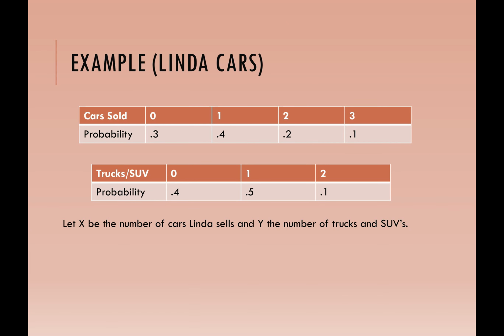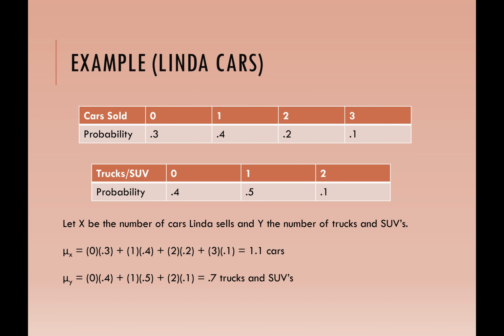We have Linda, and she's also selling SUVs now. Very exciting. I want you to find the mean of the random variable of the SUVs for a second. Should be easy, so pause for a second. Okay, if you did it right, we already did the cars, and the expected SUVs is 0.7.